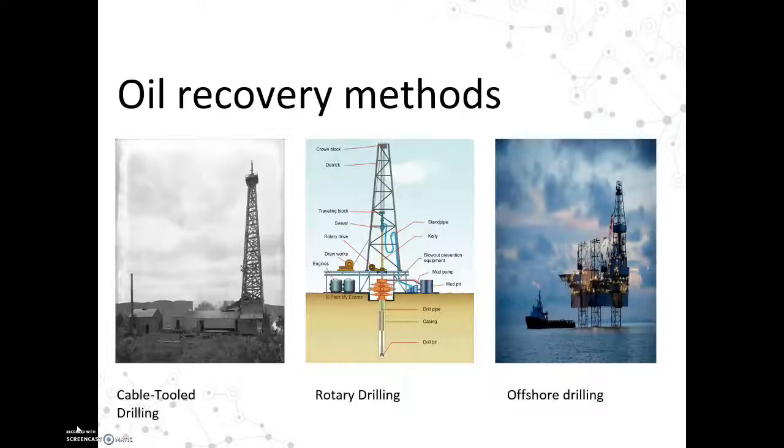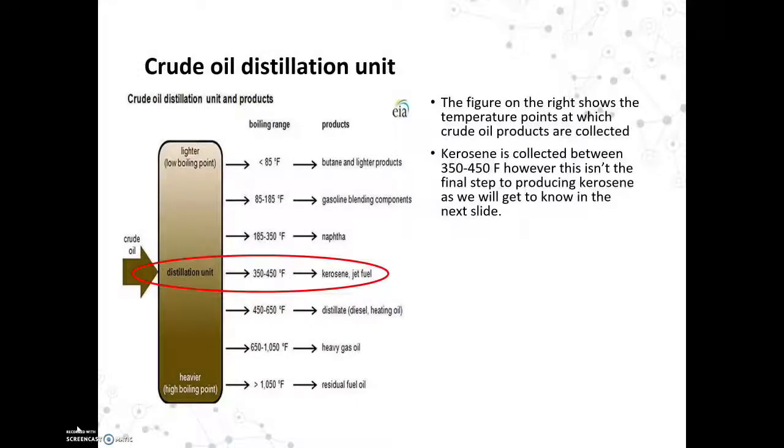So from there onwards, we go on to the crude oil distillation unit. Basically, crude oil goes to petroleum refineries, and the first process is known as distillation. In that process, crude oil is heated and fed into a distillation column.